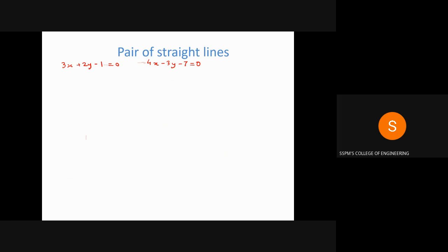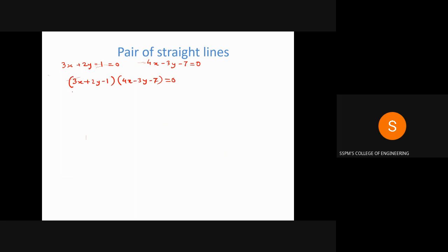Suppose these two are equations of straight lines. So what will be the pair of them? Their pair will be given by 3x plus 2y minus 1 into 4x minus 3y minus 7 is equal to 0. Their equation of pair of straight lines will be given by their product.